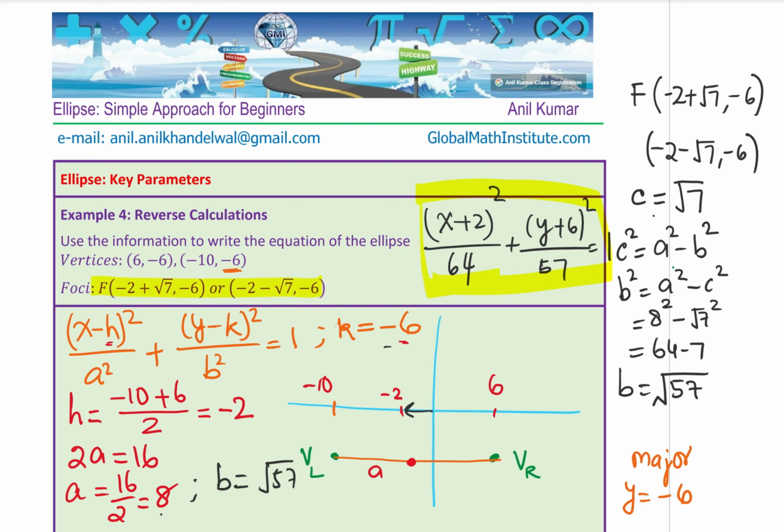And from here, we can actually sketch the ellipse, right? So b is square root of 57, which is more than 7, correct? So it is more than 7. So maybe somewhere it went down here. So maybe somewhere here and there, correct? And therefore, we can now also sketch the graph of the ellipse. So the ellipse here is like this.